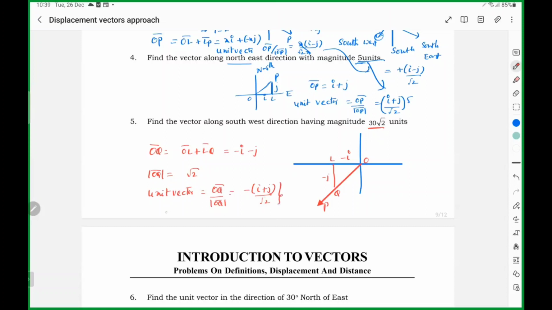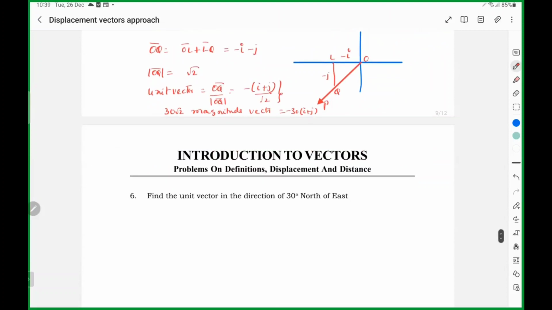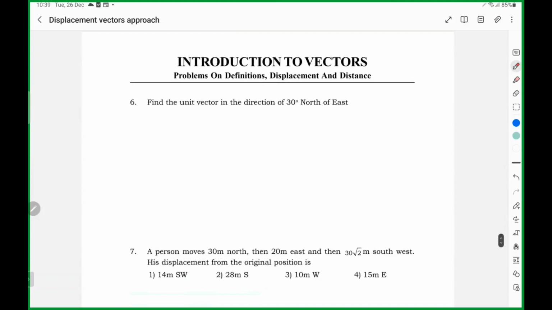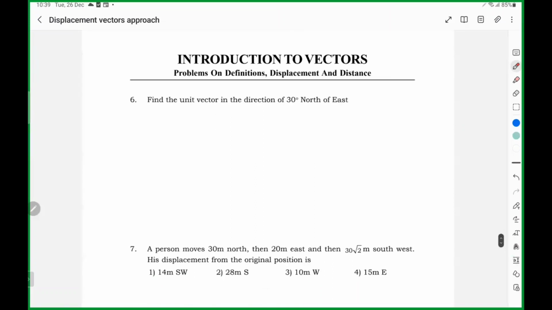After getting the unit vector, you want magnitude 30 root 2. Multiply with that, we get minus 30 times i plus j. Root 2 gets canceled out.